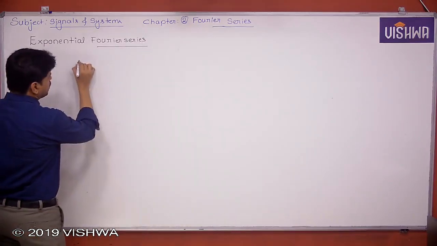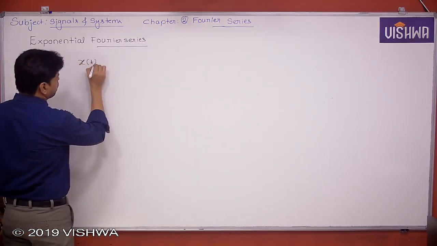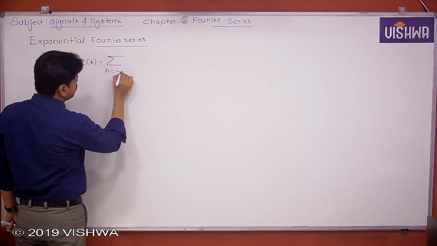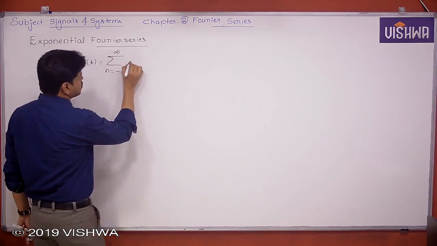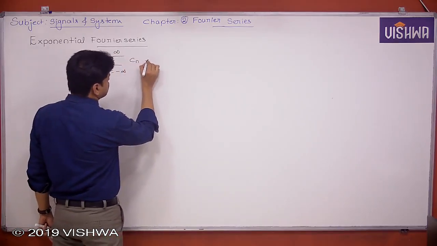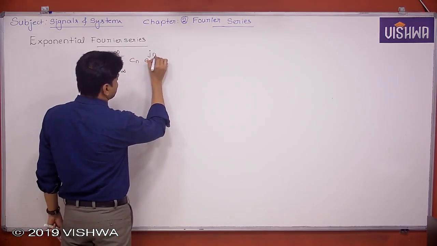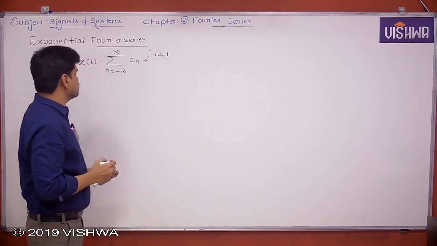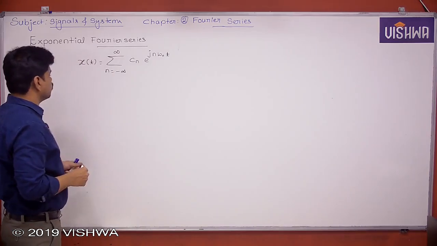So x of t can be represented like this: summation n is equal to minus infinity to infinity Cn e power j n omega naught t. So this is the way we can represent the exponential Fourier series.